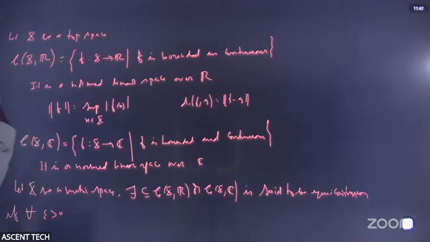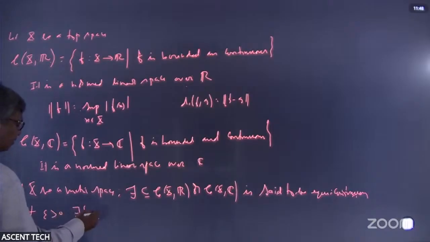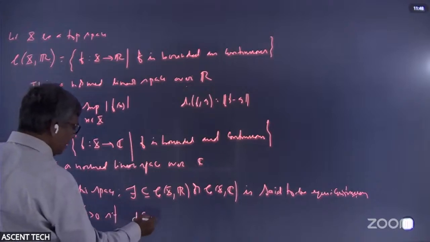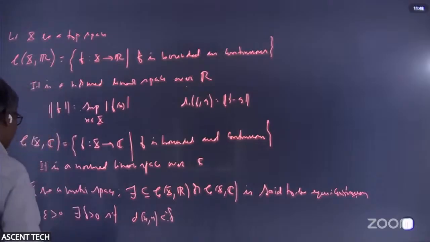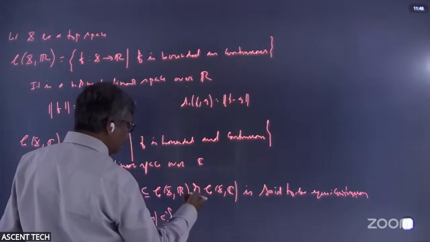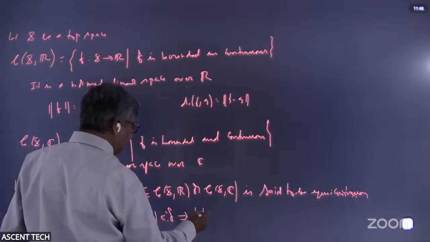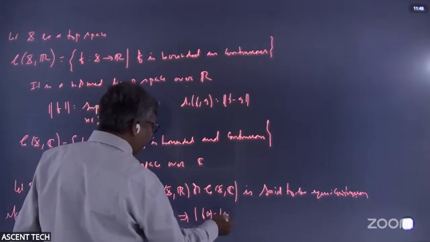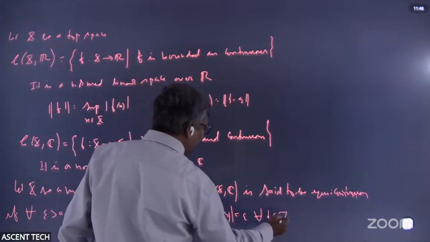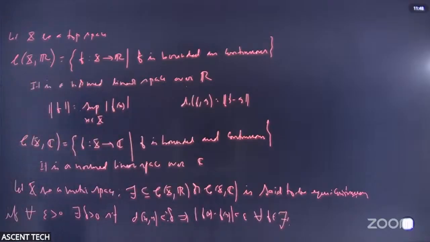What I want is that all functions together should be continuous, and epsilon and delta should not depend on the f. If for every epsilon greater than 0, there exists a delta greater than 0 such that the distance between x and y is less than delta implies the modulus of f(x) minus f(y) is less than epsilon, for all f in the family F. Okay?